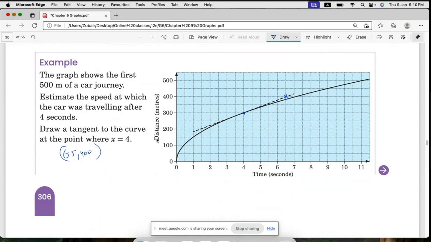And another point, this one: 1.5 and 200. So y2 minus y1 over x2 minus x1, 200 over 5 is 40 meters per second.